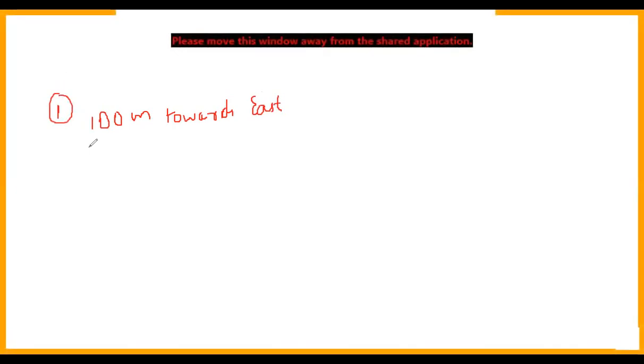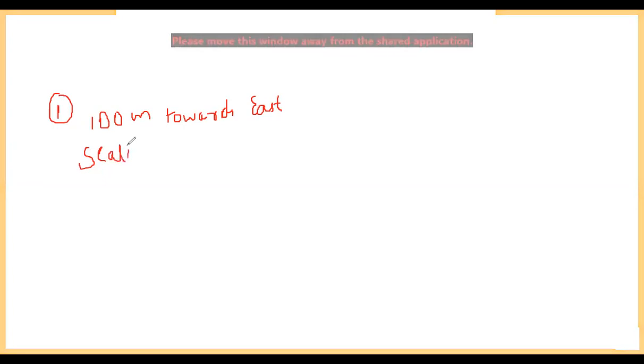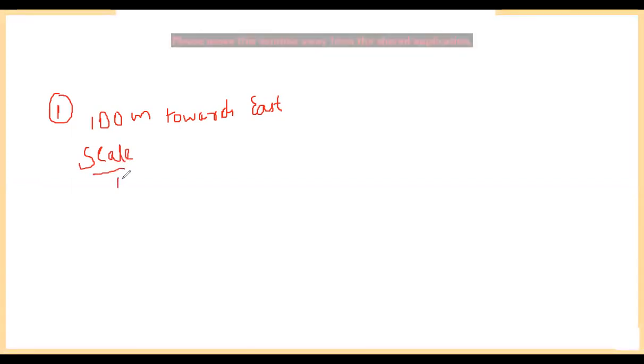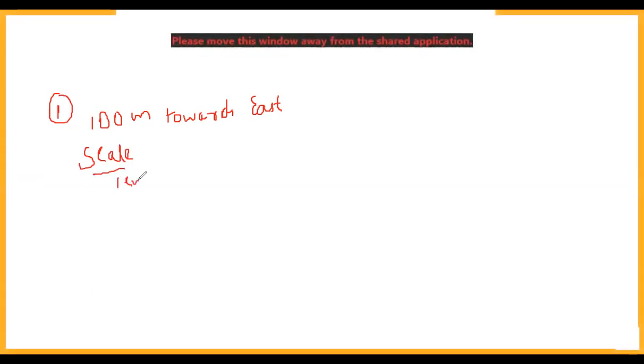100 meters is not possible on the paper, so definitely you need a scale. Scale is an approximation according to your convenience, and it may be different for different students. For example, you say that 1 centimeter is equal to 50 meters. It is basically a mapping.